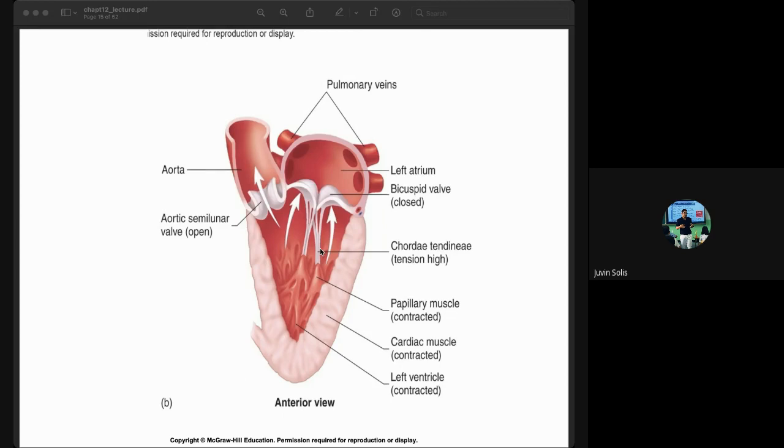Now, the blood flows back from the aorta or pulmonary trunk towards the ventricles. And then, mag-enter siya sa pocket natin, so yung sa ating mga cusps. Causing them to bulge toward and meet in the center of the aorta or pulmonary trunk. Now, they will close the vessel, blocking the blood flow back into your ventricles. Okay?